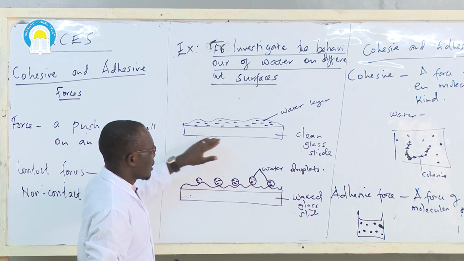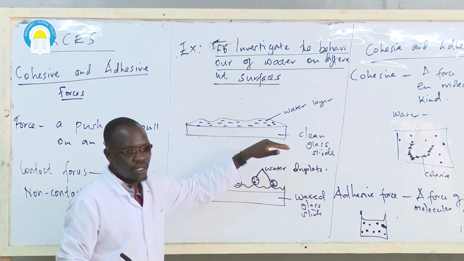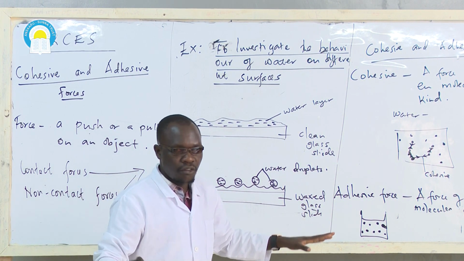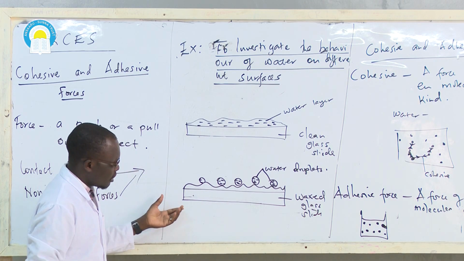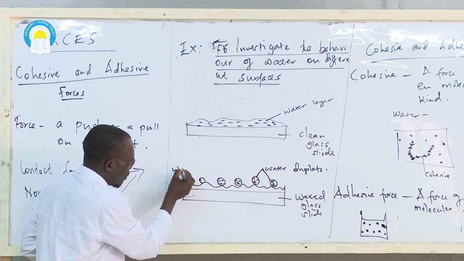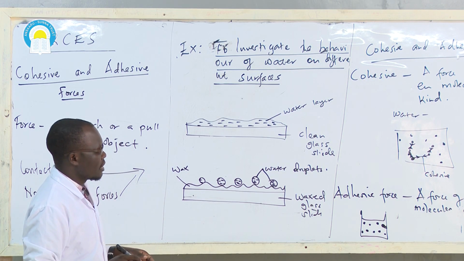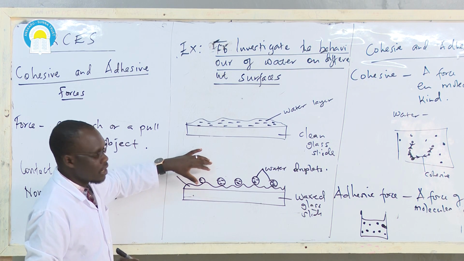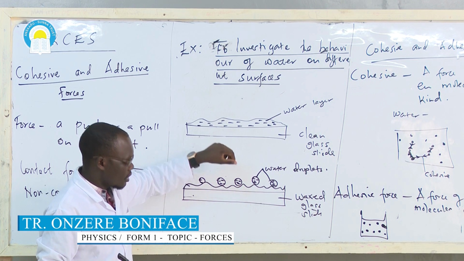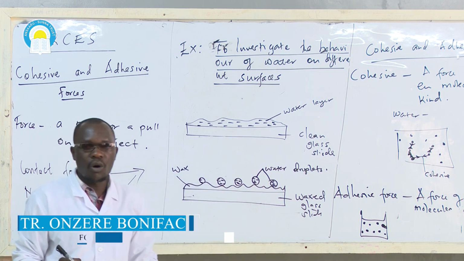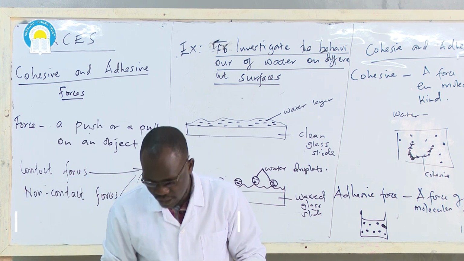In other words, the glass surface gets wet, completely covered with water, forming a water layer on the surface of the glass. But in the second case, where we have the waxed surface, the water will not cover the whole surface, but forms droplets, drops of water, on top of the wax surface.